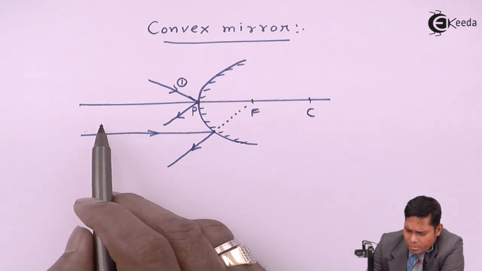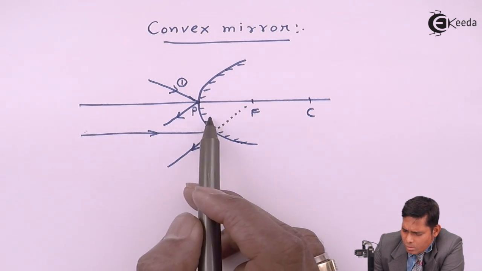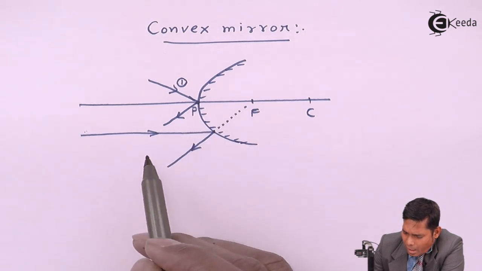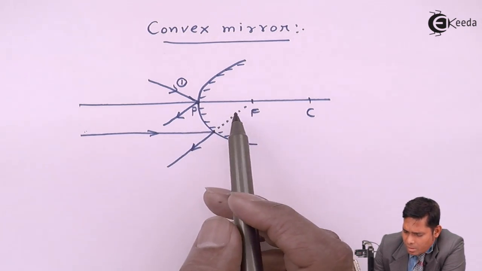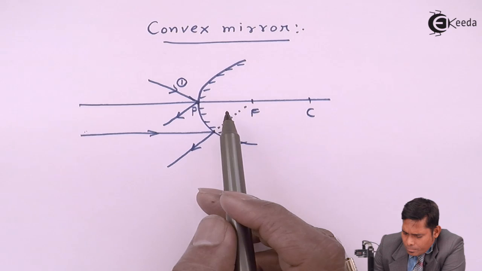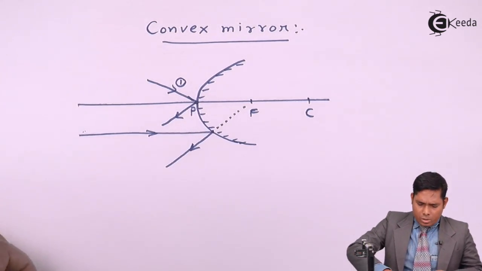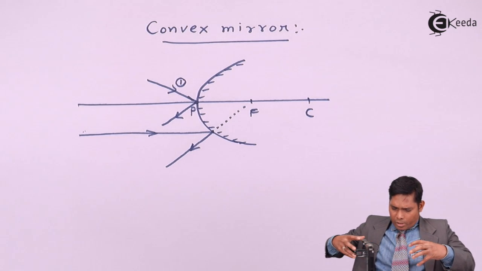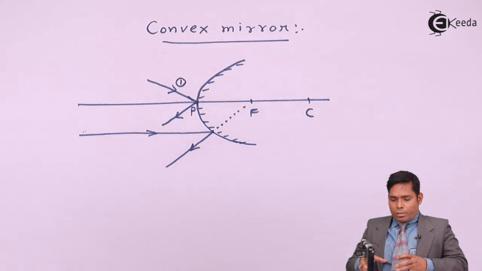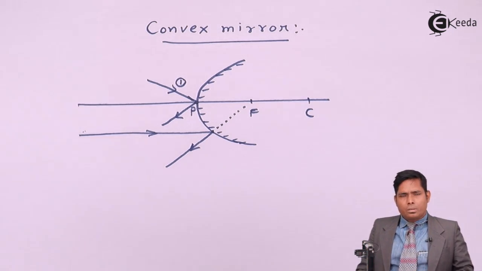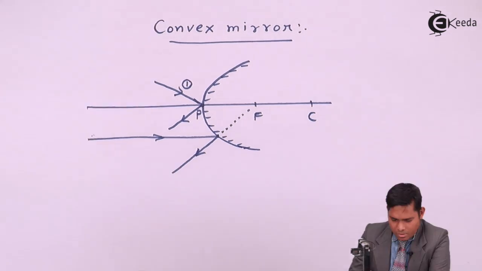If I take one more ray parallel to this, this will also be like that. They appear to be diverging. In case of a concave mirror, after reflection they are converging at a point. Here after reflection they are diverging from the point at focus.